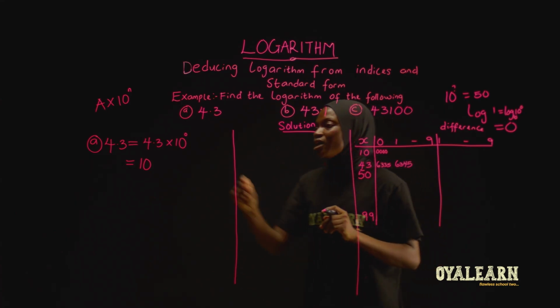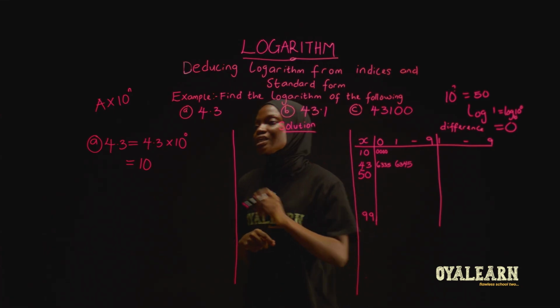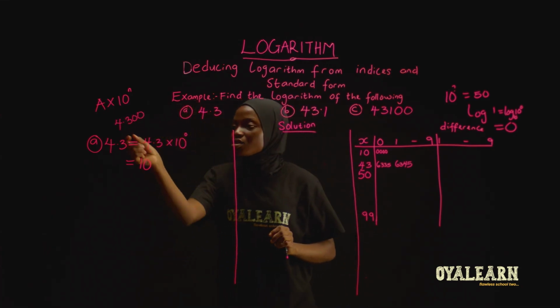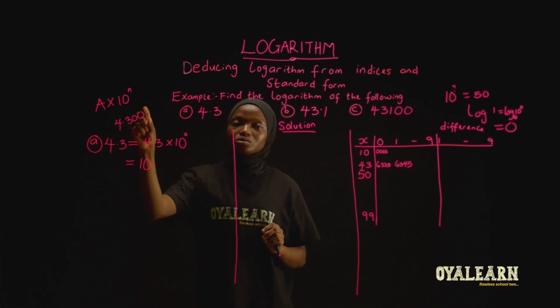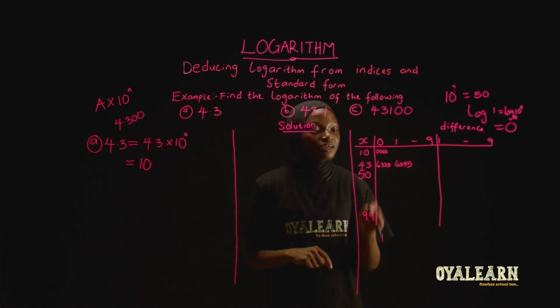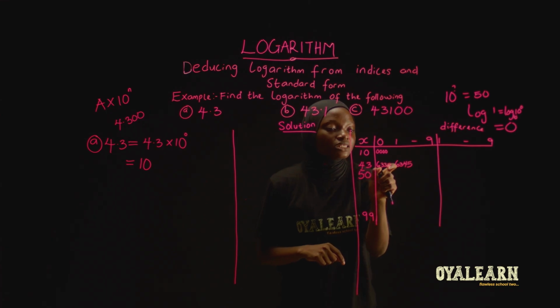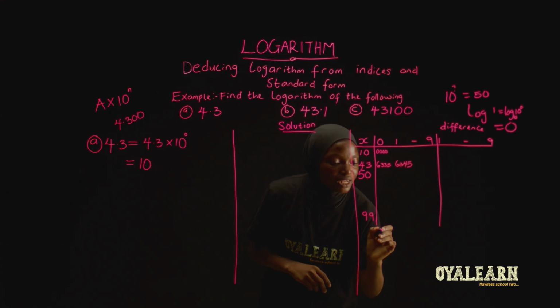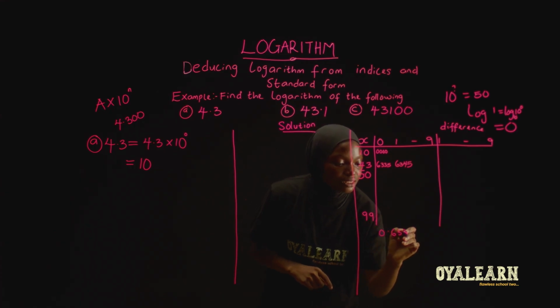Now here, we have just 4.3, which is the same thing as having 4.300. That is 43 under 0, difference 0. And when you come back here, 43 under 0 is basically 6335. But you don't have any difference 0, which is the same as 0. So we just have 0.6335.